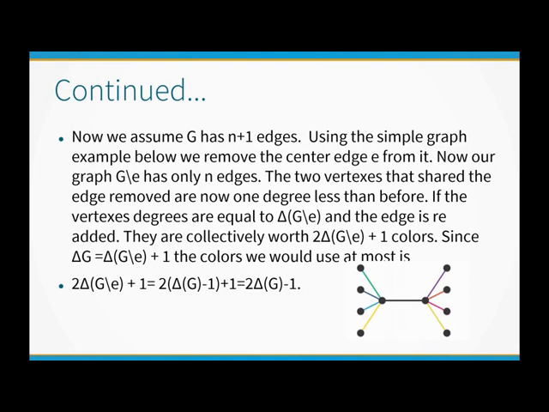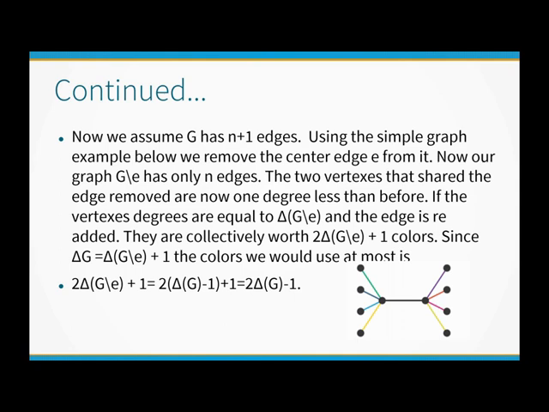Now the next thing we need to do is we're going to look at this graph example that I have down here at the bottom right, and we're going to imagine that we are removing the center edge there that's connecting the two graphs. Now when we do that, our delta G here is going to be one less than it was before.